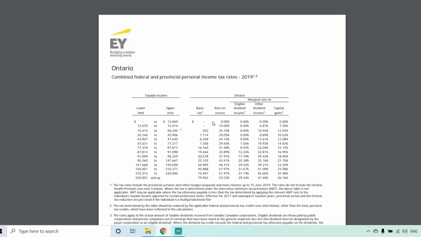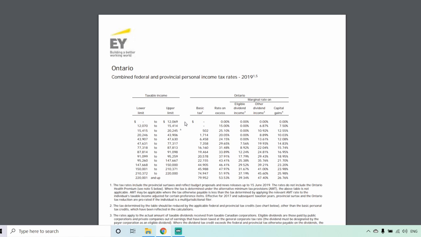I wasn't paying any tax anyway. Now I still have the second benefit, but the first benefit is completely eliminated if all I earn is $10,000. This is like students who are working in the summer. So that's one thing to note. The higher your taxable income, the more valuable a dollar of RSP contribution is to you for the first benefit.